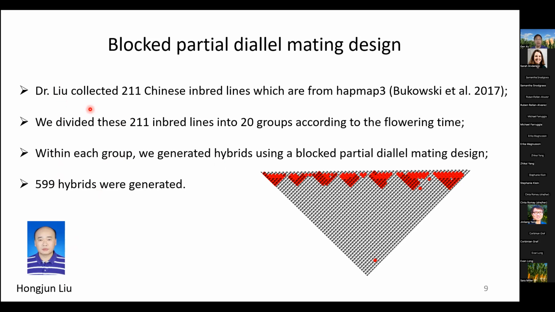He collected 211 Chinese inbreds, which are from HMAP3, and we divided these 211 inbreds into 20 groups according to flowering time. Within each group, we generated hybrids using a blocked partial diallel mating design. Finally, we got about 600 hybrids.